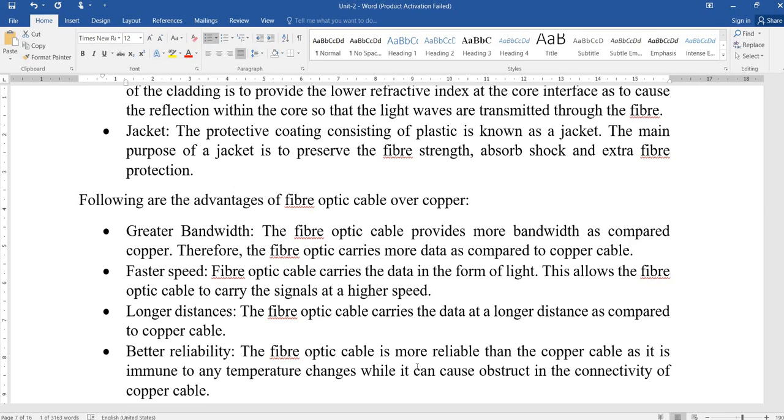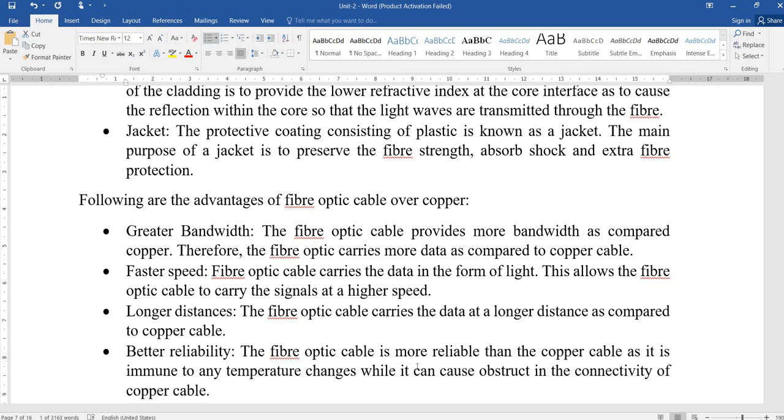It transmits data at light speed, that's why it's very fast. Longer distance: with electrical signals we have to amplify them at some points over a long distance. But fiber transmits in the form of light, so it can carry the data over a longer distance.